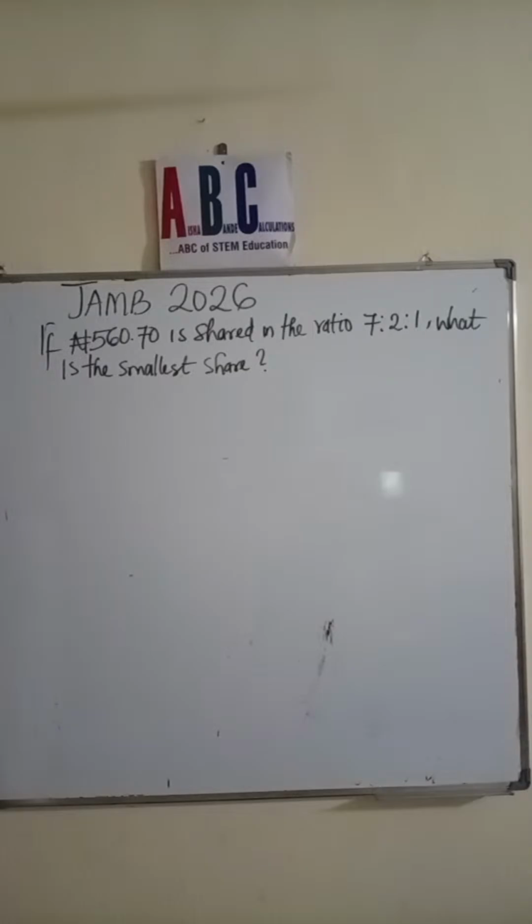If 560.70 is shared in the ratio 7:2:1, what is the smallest share? Okay.